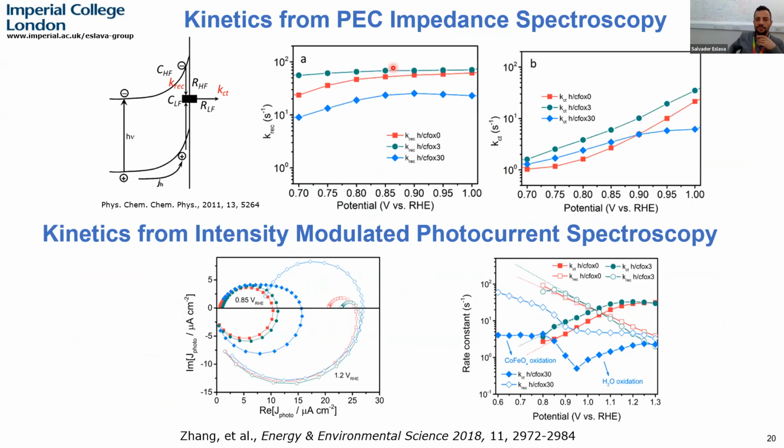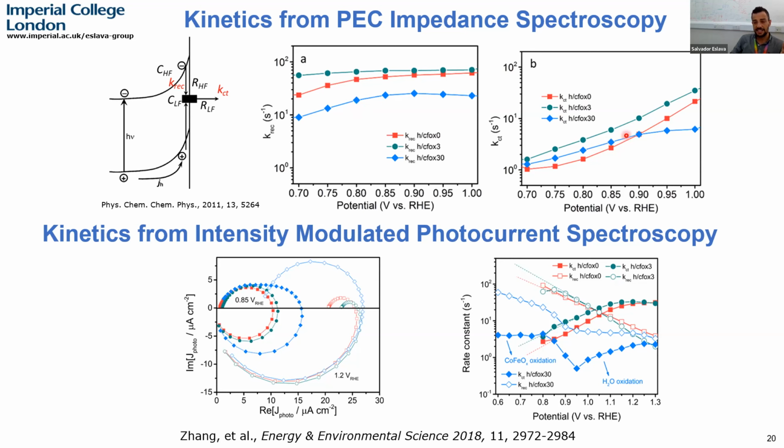And we did also a lot of kinetics studies. We followed 2 approaches, one using impedance spectroscopy and another using intensity modulated photocurrent spectroscopy. In both cases, we could measure the recombination rates and the charge transfer rates. And we could see in both cases that the recombination rates are lowering when we have the electrocatalyst, especially when you put a lot.